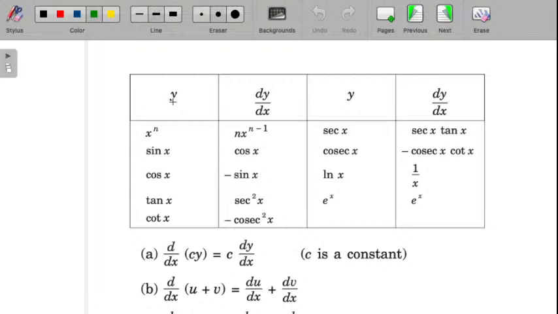For a function y equals x power n, the differential is nx power n minus 1. For a function y equals sin x, the differential is cos x. And for the function cos x, it is minus sin x. Likewise, for different kinds of functions, we have already computed the differentials and tabulated these results, which are available for our use.